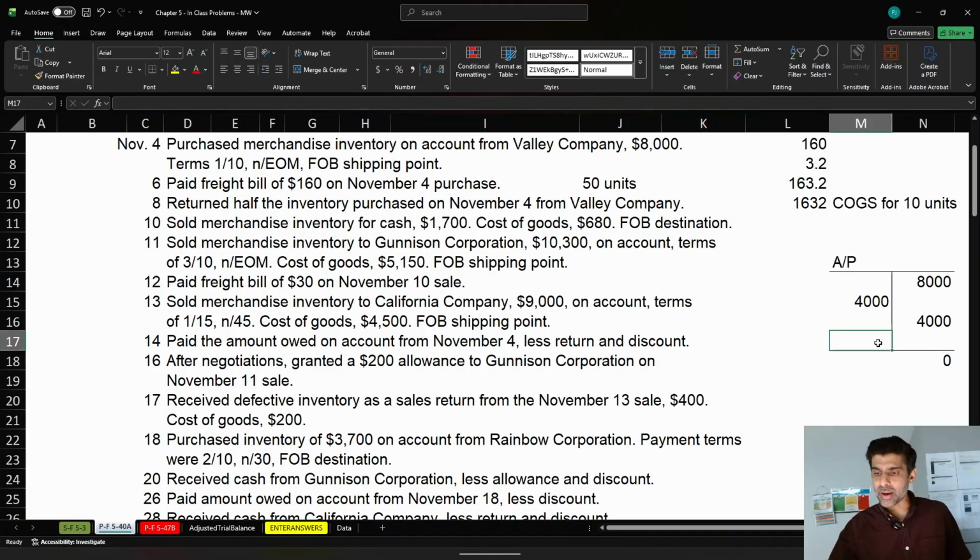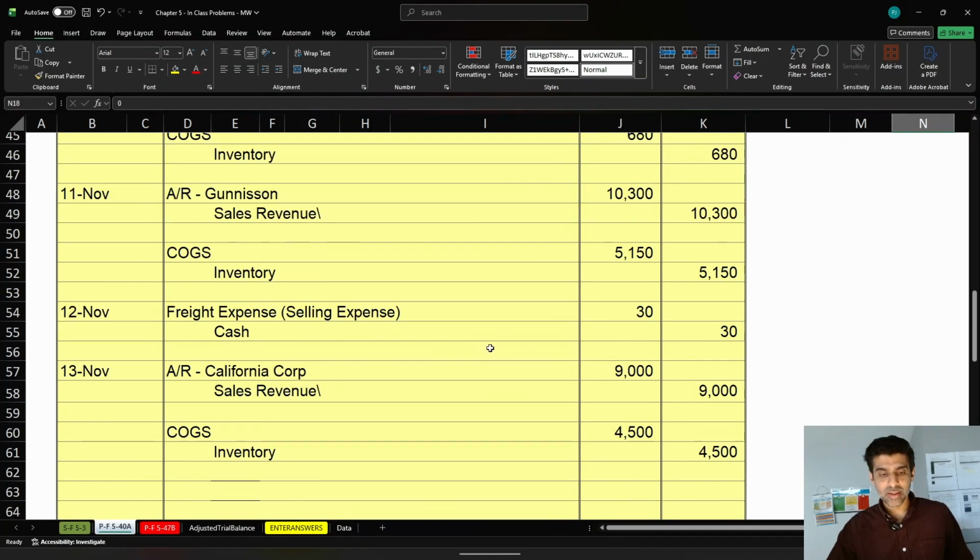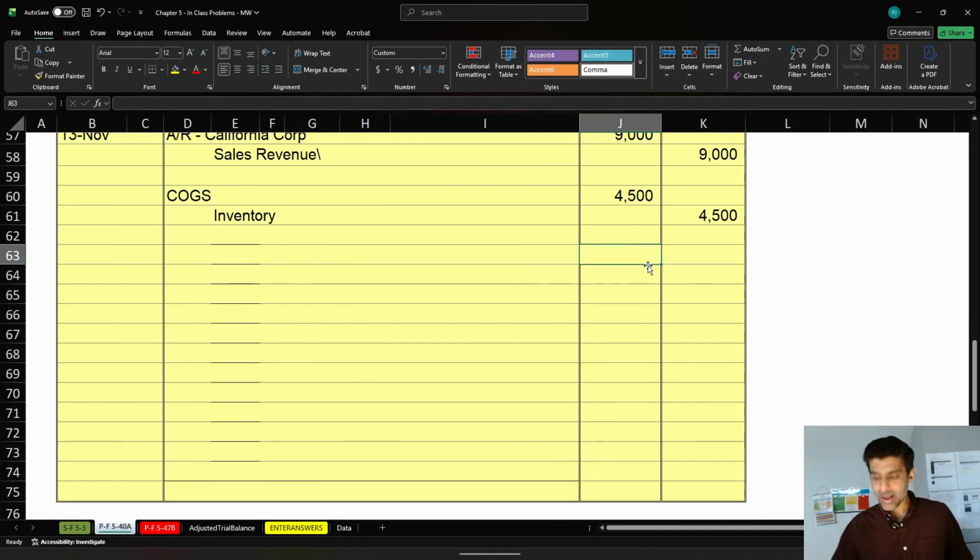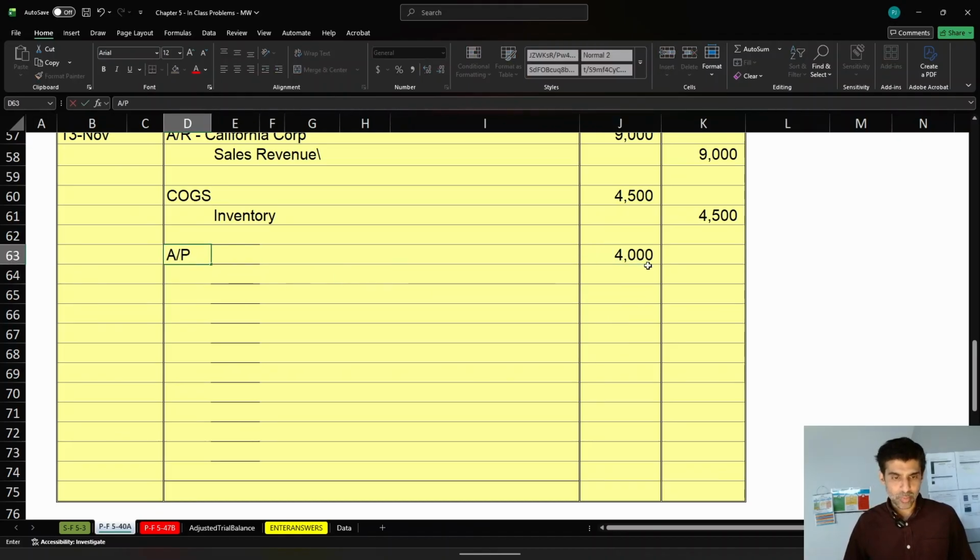But are we going to pay them the full 4,000? No, we're going to pay them 99% of it. But I know that I need to debit accounts payable 4,000, right? Because I need this accounts payable to go to zero. So I'll just start with that, 4,000 debit to accounts payable.